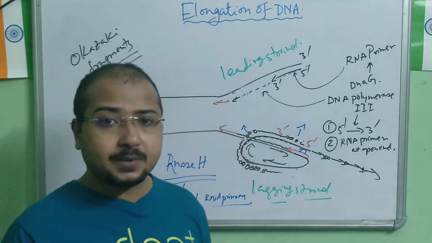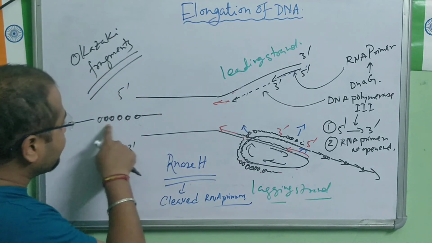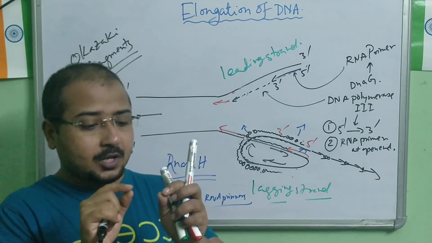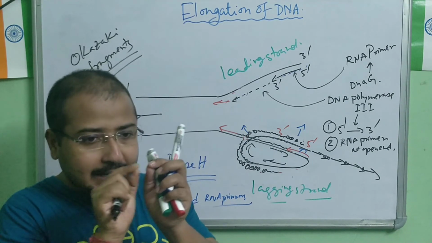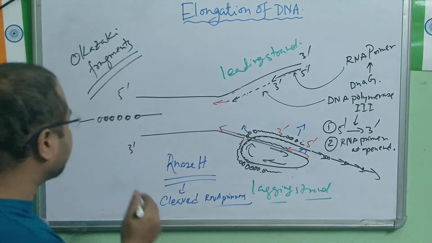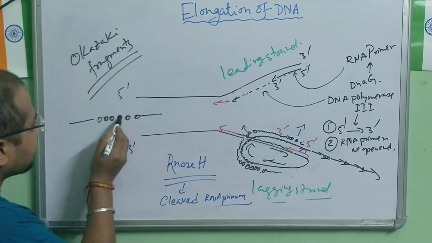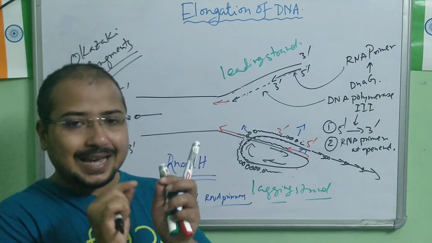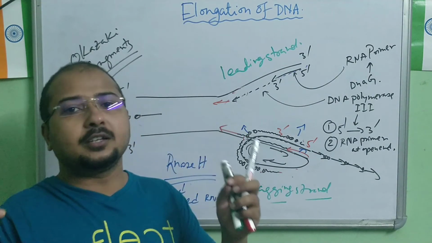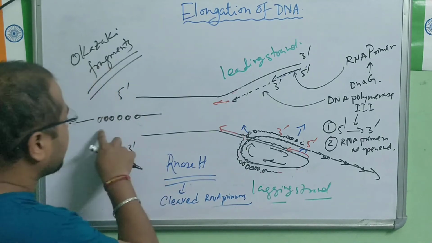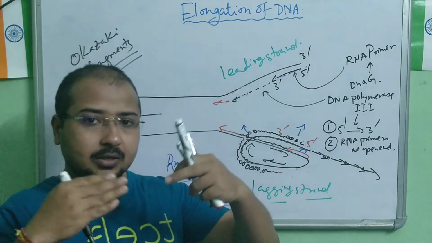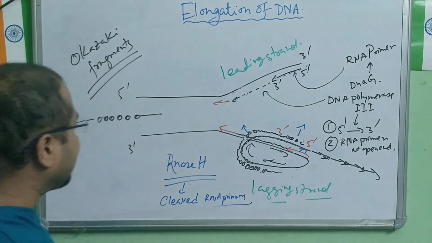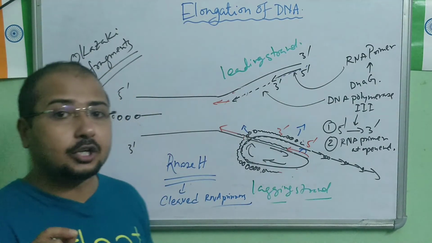Nicks mean that nucleotide molecules are sufficiently present here, but what is absent is the phosphodiester bond between the nucleotide molecules. It means the nucleotide molecules are not yet bonded with each other to form the chain. They came here, but they are not yet connected by the phosphodiester bond. That is why it is called a nick, not a gap.